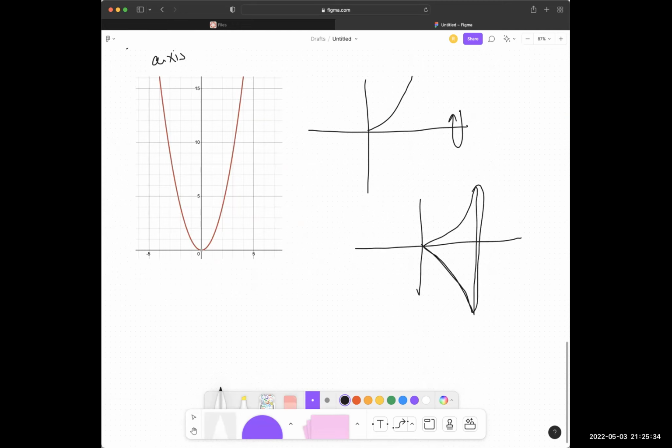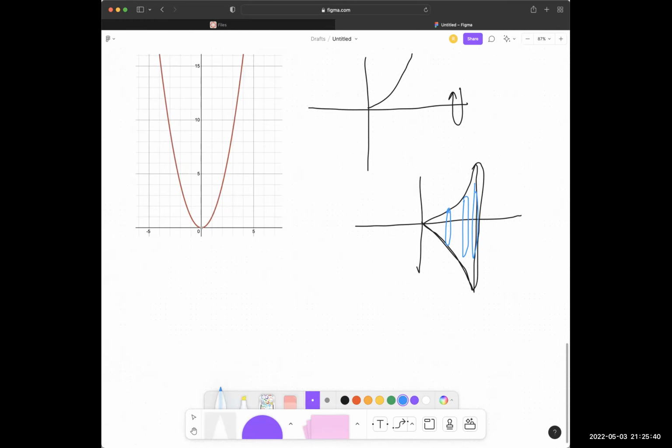What we're doing is we're going to take disks and run them through this area and add. We're going to do a summation of all the area of the disks, and that's why we're taking the integral. We're going to do an aggregation of all these disks, and if those disks are infinitely small and we're able to fit an infinite amount of disks, then adding all those disks individually should lead us to the area.